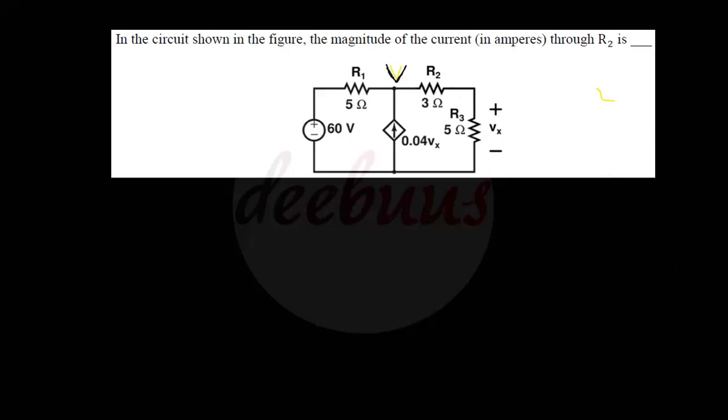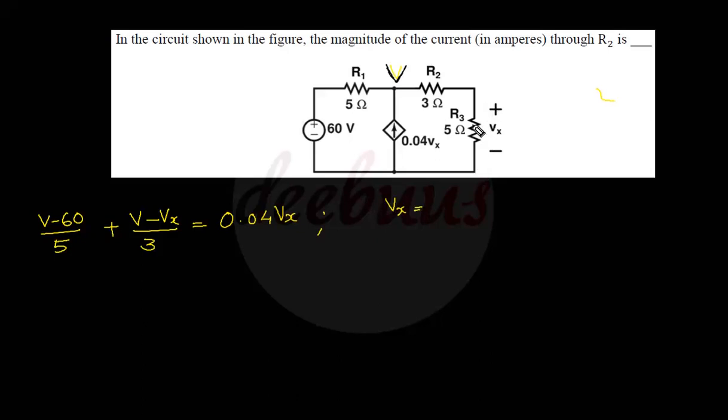So I am writing the node equation at that point, that is V minus 60 by 5 plus V minus Vx by 3, this is Vx, equal to 0.04 Vx, as the current source is entering the node. Now I am substituting V in terms of Vx.